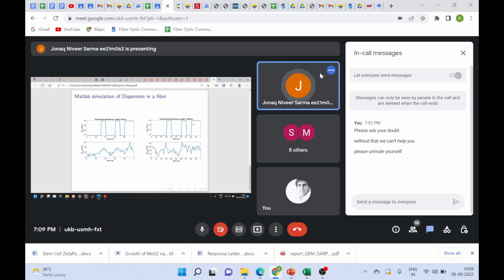It is very distorted. The dispersion is so bad that we cannot directly recover any signal. There are ways to, of course, correct for it by using DSP techniques or inverting the dispersion effect. There are different methods, but without any processing, we cannot recover the data.